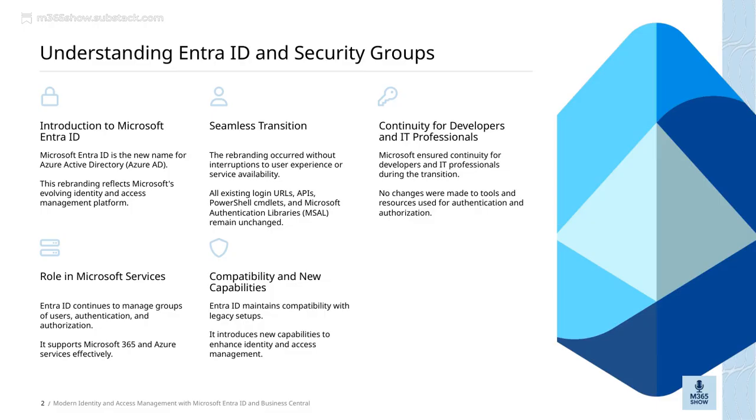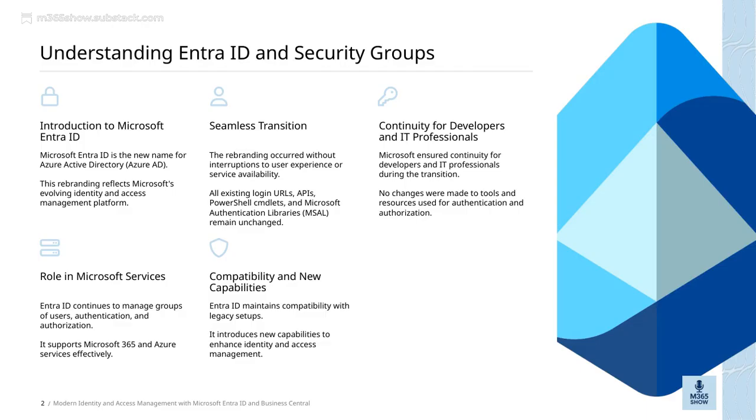Let's take a moment to understand Entra ID and security groups. Microsoft Entra ID, formerly known as Azure Active Directory, is all about modern identity and access management. One of the great things is that Entra ID maintains compatibility with legacy setups, so existing systems continue to work smoothly.